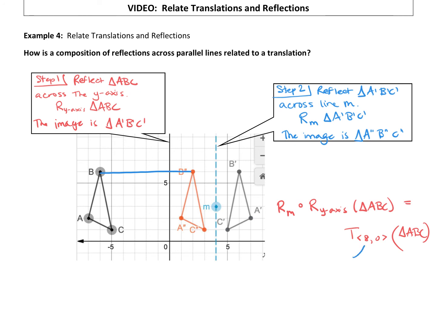We knew that we had moved our original pre-image 8 units to the right. So what they're saying is that is going to be double the distance between the two reflection lines. So if I go from one reflection line, the y-axis, to the other reflection line, M, and I count that 1, 2, 3, 4, that's 4 units. So if you're reflecting across two reflection lines that are parallel, this will be true every time, where the distance between the pre-image and the resulting image will be double the distance between the two reflection lines.